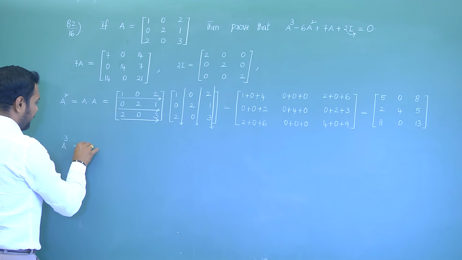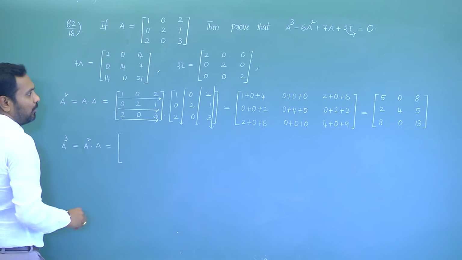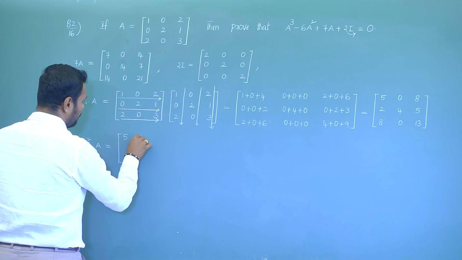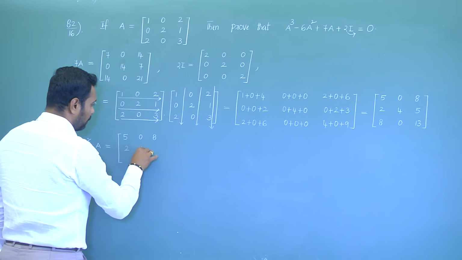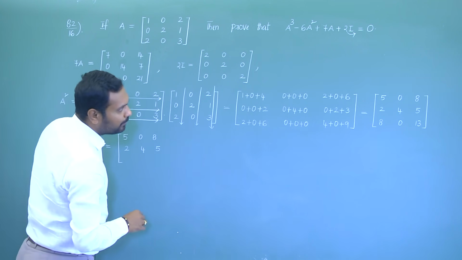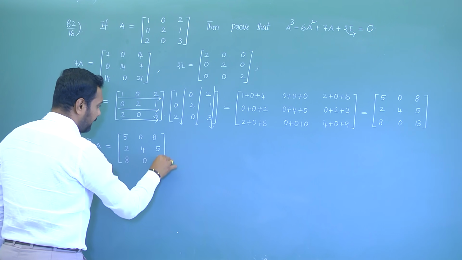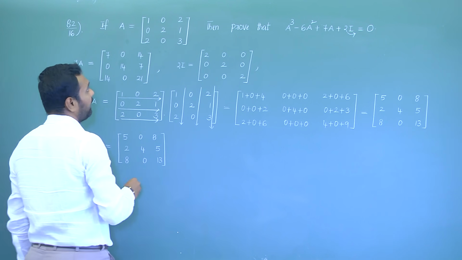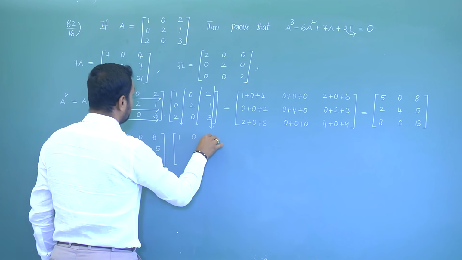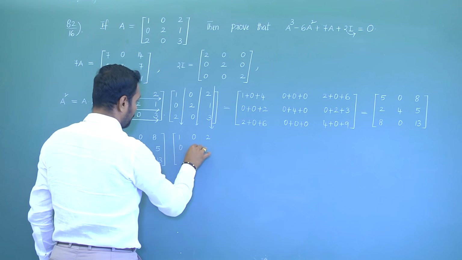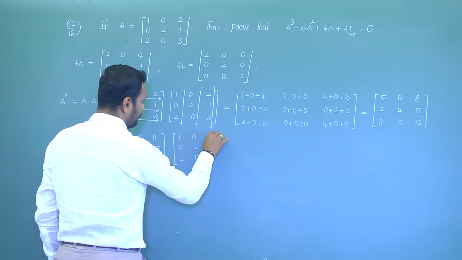A power 3 I can write as A square into A. What is the A square matrix? 5, 0, 8, 2, 4, 5, 8, 0, 13 into capital A, which is 1, 0, 2, 0, 2, 1, 2, 0, 3.